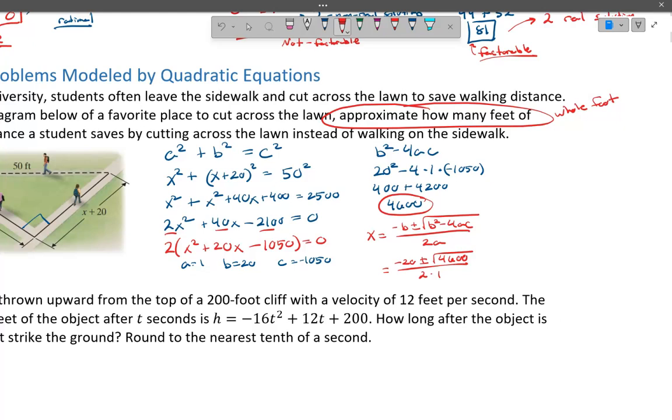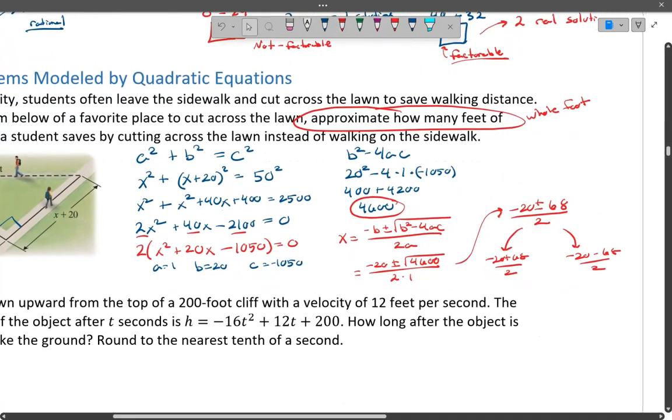So what we can do is take negative 20 and add and subtract the square root of 4,600, which, when rounded to the nearest whole number, is approximately 68. And then divide that by 2. So we're going to solve both of these. We have negative 20 plus 68 divided by 2, and negative 20 minus 68 divided by 2.